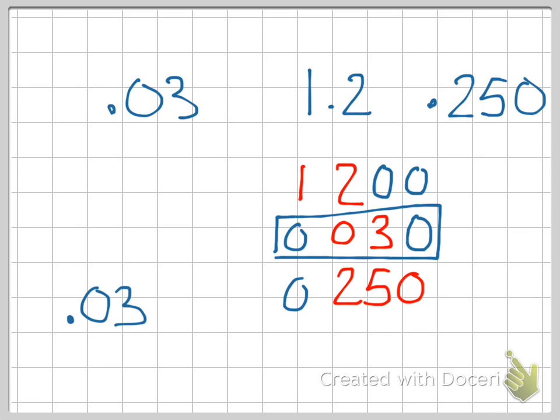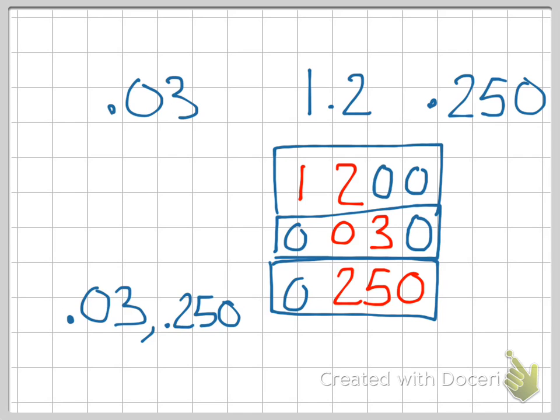The next biggest number appears to be 250. So that's our next biggest number, 0.250. And the biggest number of all is the 1200. Now, our original number, that was 1.2. Sorry, I ran out of room here. 1.2. So there they go. Those are the numbers. This is the smallest, this is the largest, and this is the one in the middle.